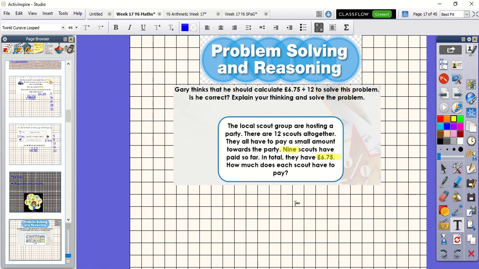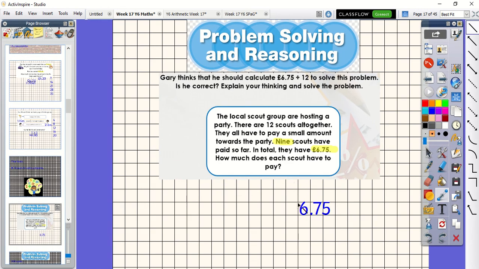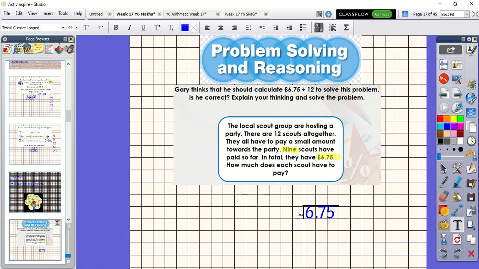So our question is going to be £6.75, and we are going to divide that by 9. Okay, so we're not going to divide it by 12 because not all scouts have contributed. So we're going to divide it by 9. Okay then, let's quickly do our 9 times table down the side.